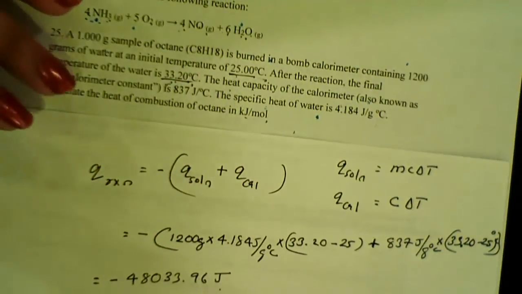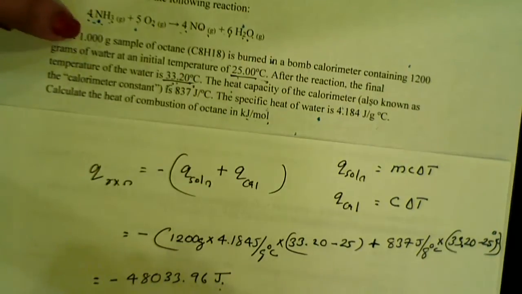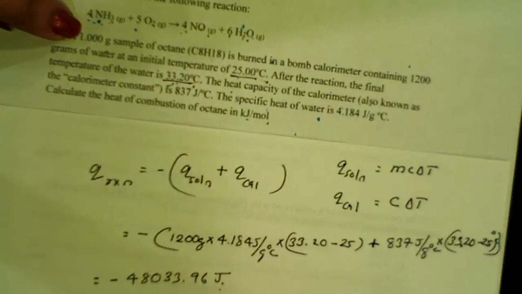So the solution and the calorimeter are like the surroundings, and the combustion reaction is the system. So you have to add the heat energy change for the surroundings to get the thermal change for the system. Okay.